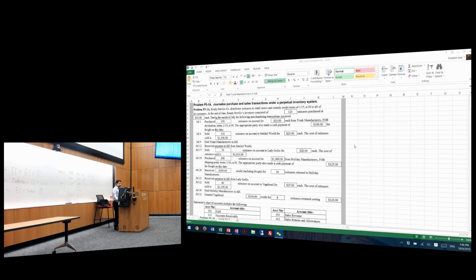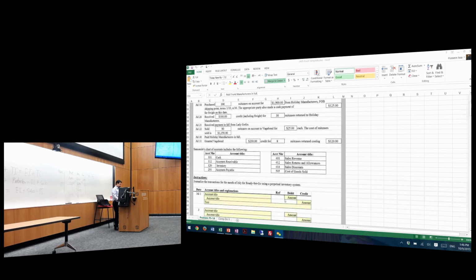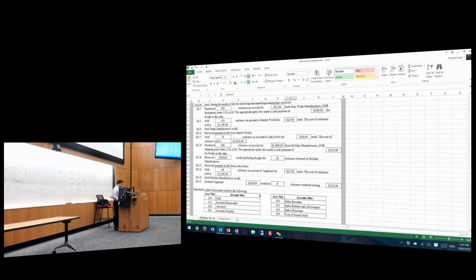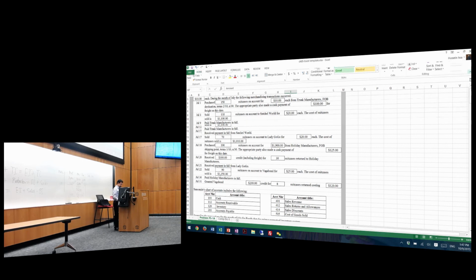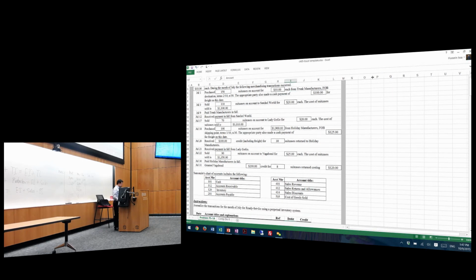Debits, right? Okay. And then, did the company pay in cash? So it's what? Accounts payable. So it's inventory. And how much is the amount? It was 150. Let me just put this one here so you can get more space. Okay. So it's 150 at $10 each.